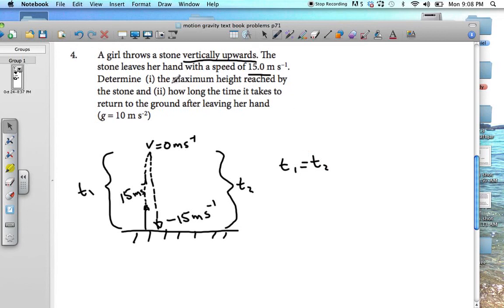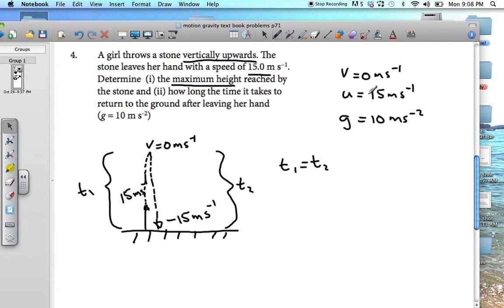So firstly, looking at the maximum height reached. We know at the maximum height reached, the V is equal to 0 meters per second. U is equal to 15 meters per second to the negative 1. We know that our acceleration is G, and we're going to use 10 meters per second to the negative 2.